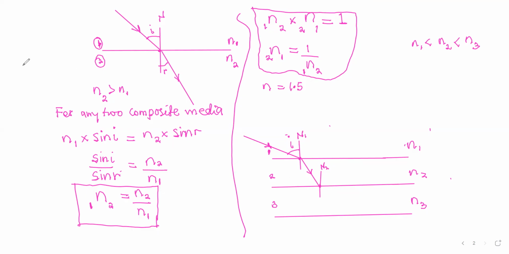In medium 3, will the light bend away from the normal or towards the normal, class? Kezia again. Towards the normal, because n3 is greater than n2. Thank you. Class, I'm sure you are all following.